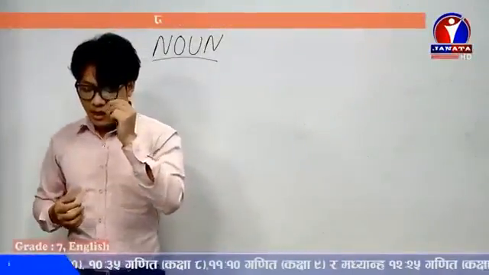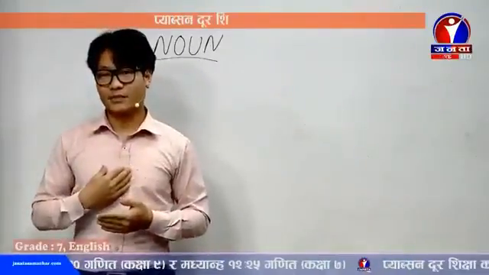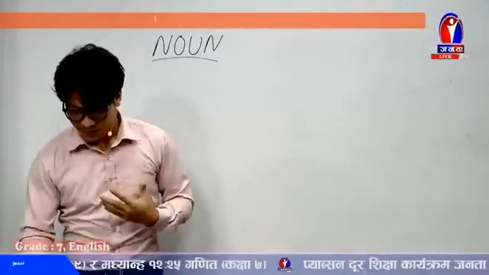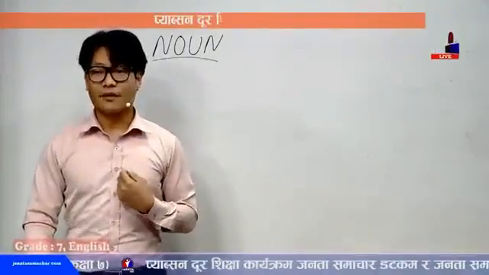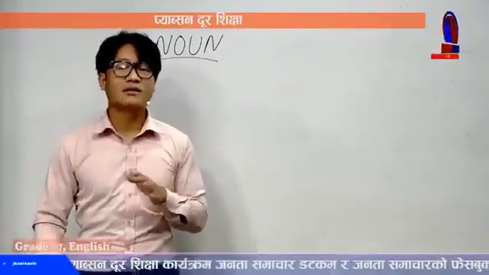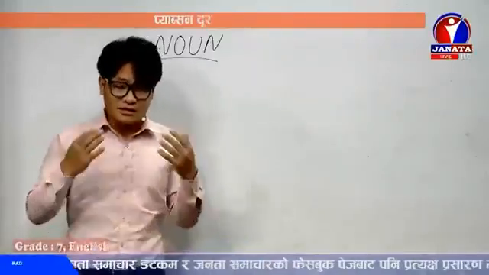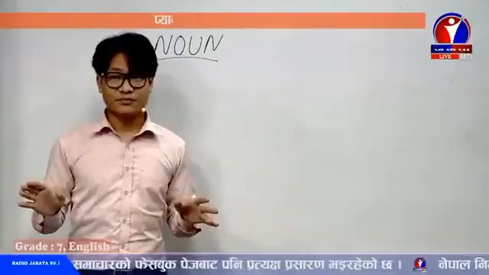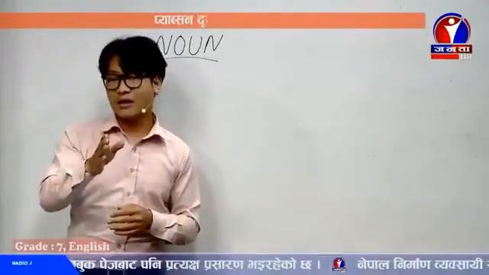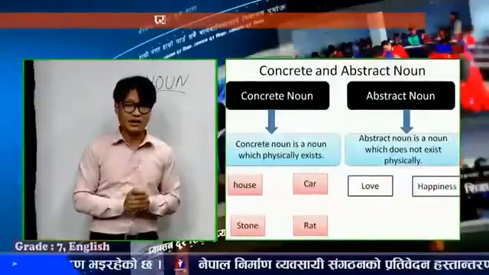We can just feel. So an abstract noun is a noun which can be felt in the heart. Like love. We can feel love, but we cannot touch love. We cannot see love. We can just feel love. Another is happiness. Happiness can be felt. So that's why happiness is an abstract noun.